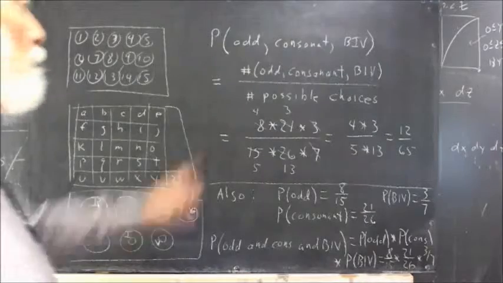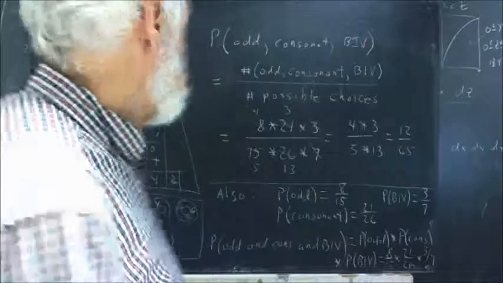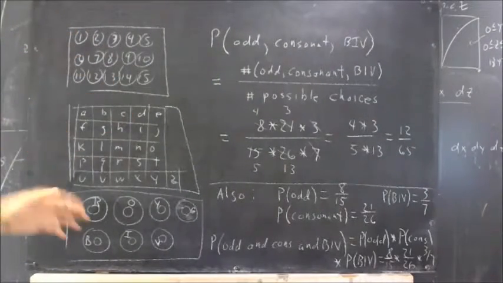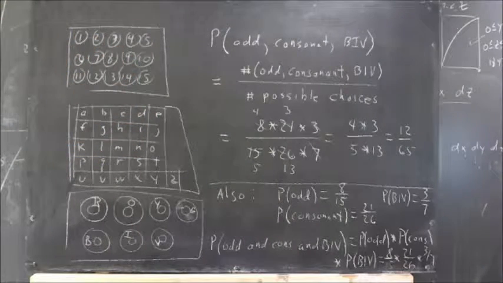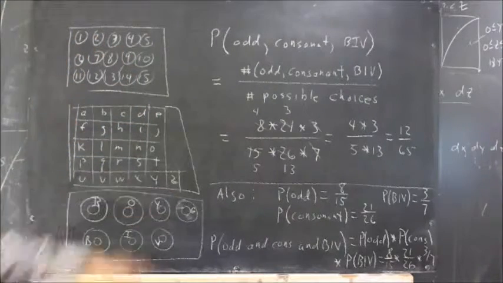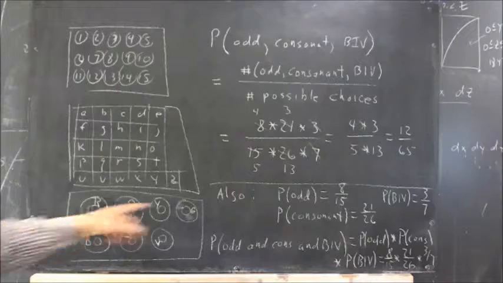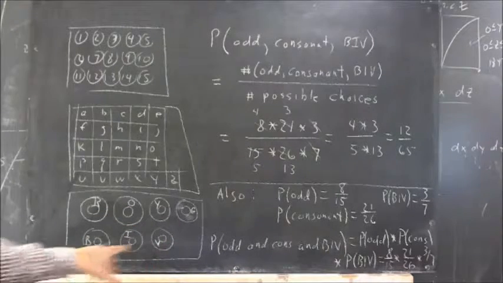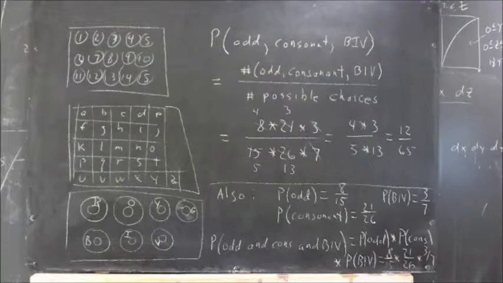Okay? Well, how many ways are there to get an odd, a consonant, and a blue, indigo, violet? Well, there are 8 odd numbers here. 1, 3, 5, 7, 9, 11, 13, and 15. Okay? We know that there are 21 consonants, and there are 5 vowels, 26 letters. That leaves us 21 consonants. And there are 7 rings, but only 3 of them are the blue type, blue, indigo, or violet.